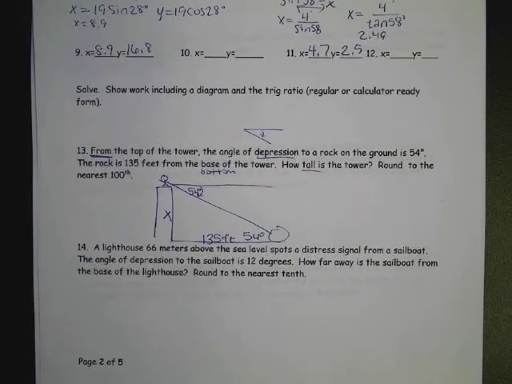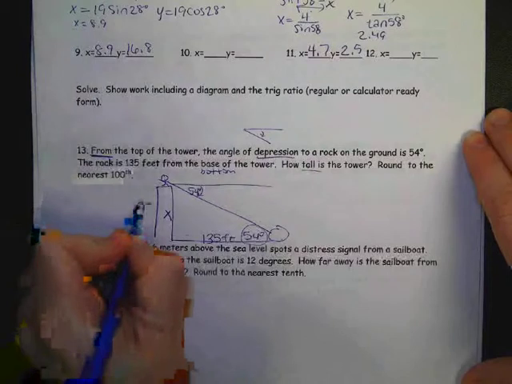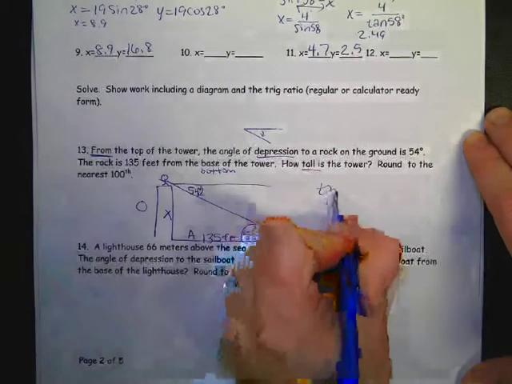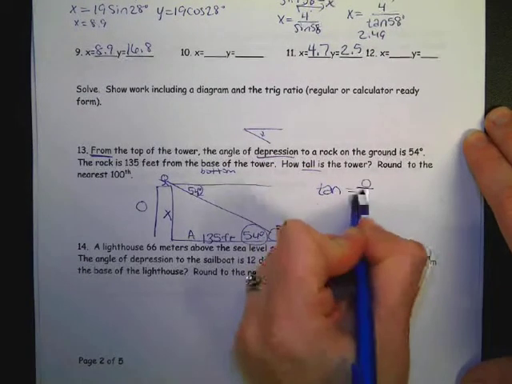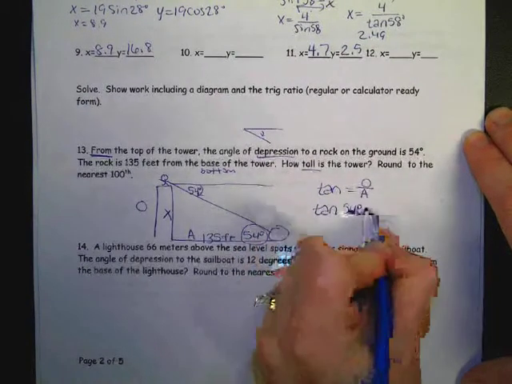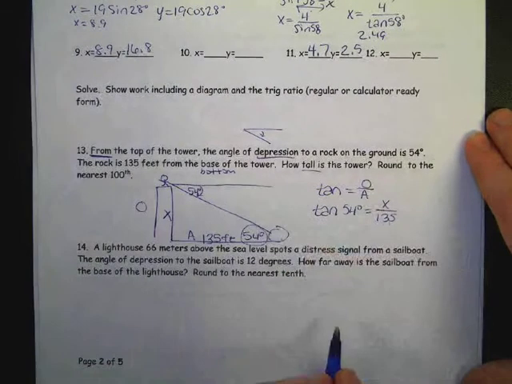All right, so from here we're just going to look at our angle that we can reference. We have an opposite side and adjacent side, so that tells us to use tangent. Remember, tangent is equal to O over A, so if I write tangent of my angle, 54 degrees, is equal to opposite over adjacent, so X over 135.